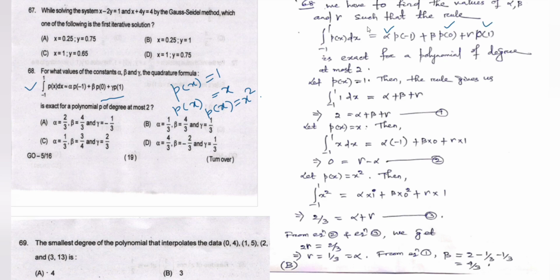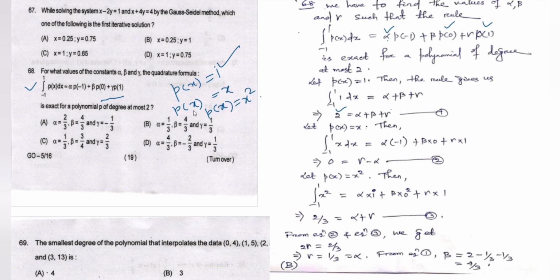Since p of x equal to 1 is a constant function, p of minus 1, p of 0 and p of 1 are all 1. So on the right hand side we will have alpha into 1 plus beta into 1 plus gamma into 1. That means we have the equation alpha plus beta plus gamma, which is equal to 2.